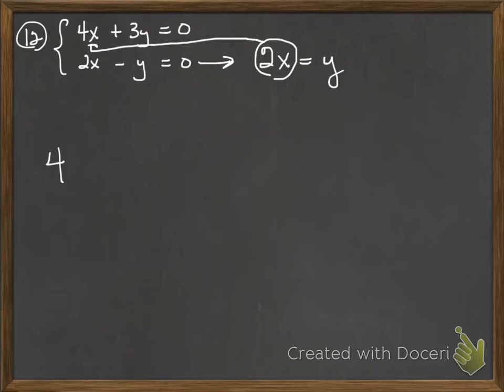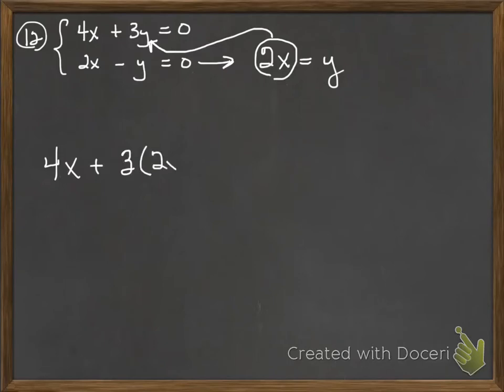So 4 times... Oops, let's go back and redo that. The 2x is going to go into the y, not the x. So we're going to have 4x plus 3 times y, which is 2x, is equal to 0. This helps us out because we now have an equation that just has x's in it.